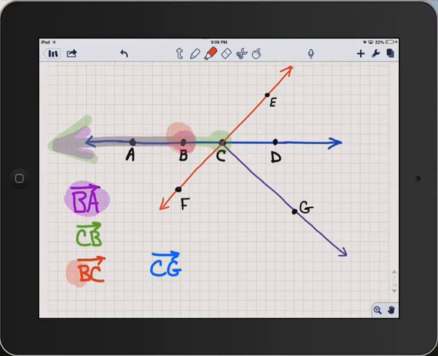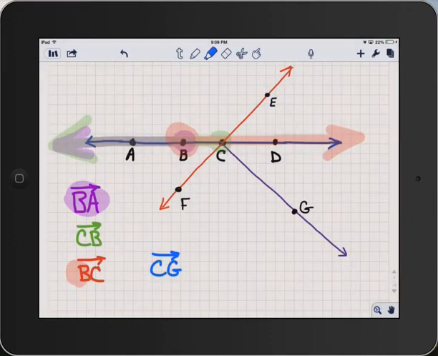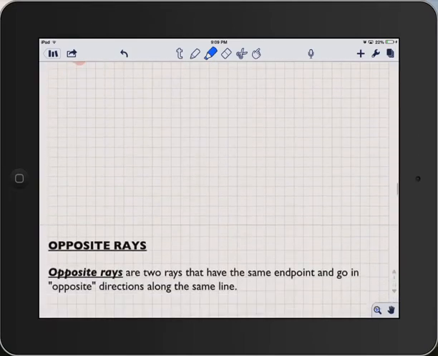So it starts here, goes towards point C, and it goes off to the right. Ray CB started at point C and went off to the left. And the last one that I have named, Ray CG, starts at point C, travels towards point G and beyond. So those are all rays.